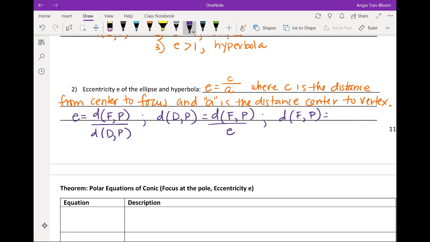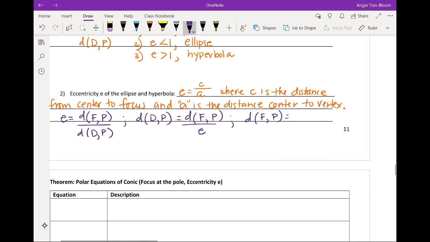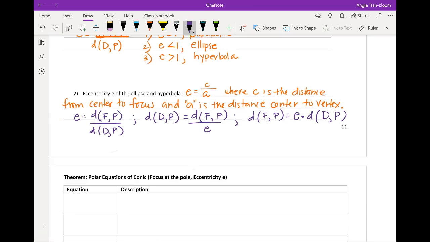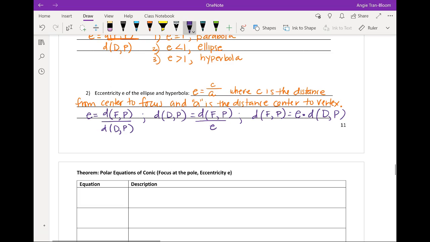Now what would that be? E times the distance from the directrix to the point. So just by manipulation. Okay, I know the two vocab look totally scary with crazy variables, but once we start to use them, it's going to look a lot better.